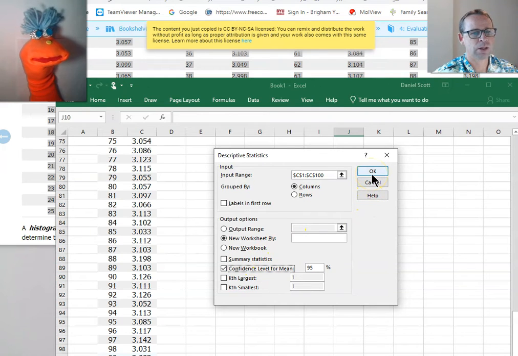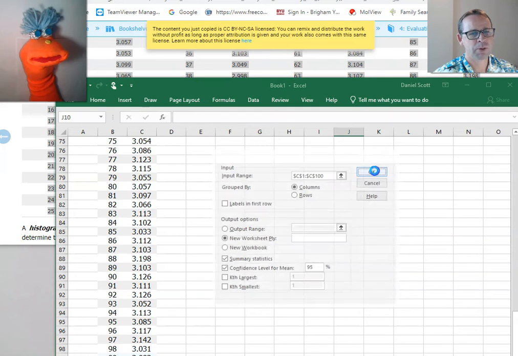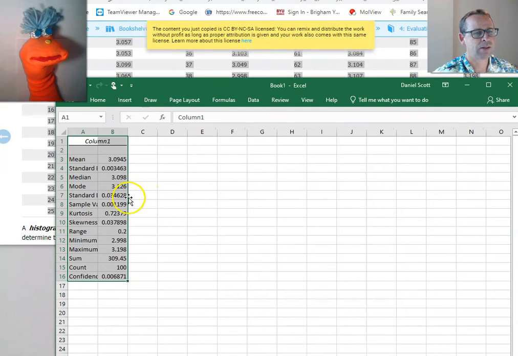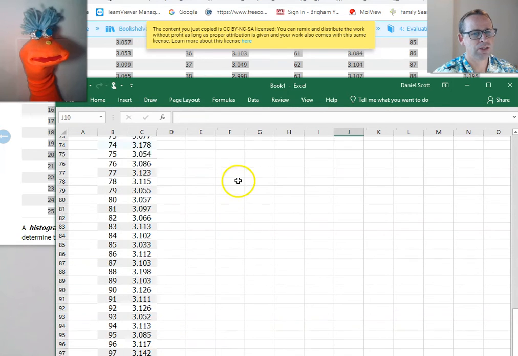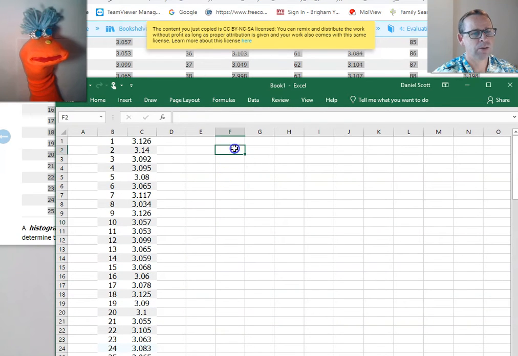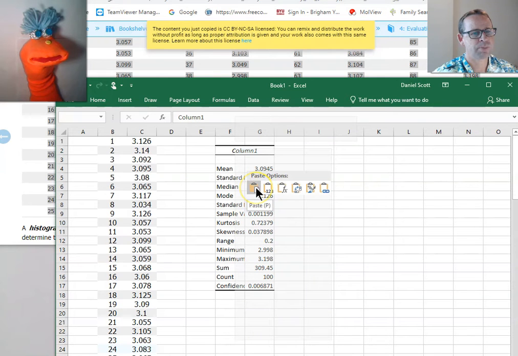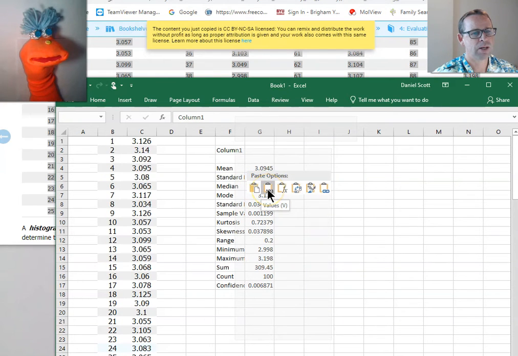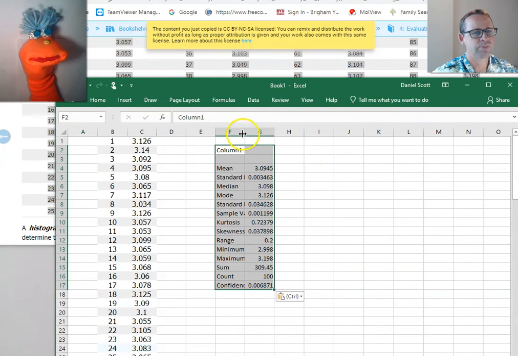Oh, sorry, we also want to get summary statistics. Click there as well, and we click on OK. After that, I like to copy this and bring it back to the same sheet, put it up right here. I'm going to paste special, paste the values. There we go.